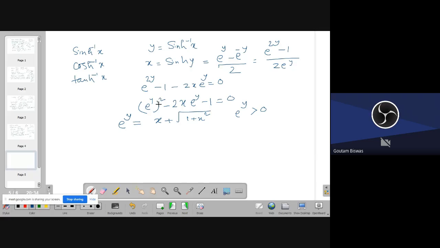So this is a quadratic equation. It will have two roots. One root will be this and another one will be negative. So e to the power y is always positive. So the negative root, the negative value, we discard it.